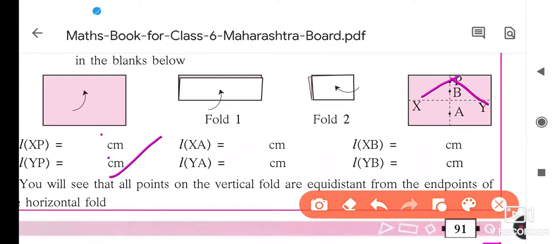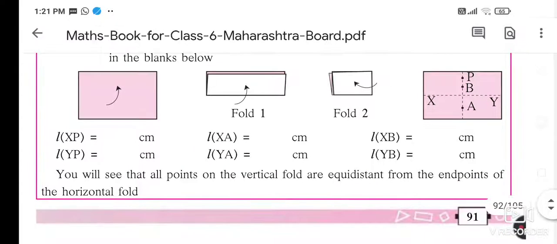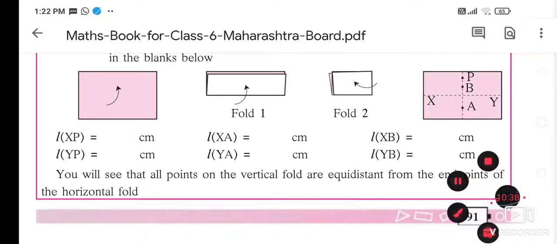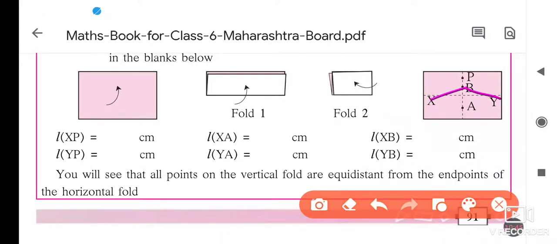You have to do this activity and send it to me on my personal number. So measure XA, YA, and XB as well. Whatever measures are given here, you have to write them here. From these, we conclude that XP is equal to YP. Suppose XP is equal to 5, then YP is equal to 5 centimeters.